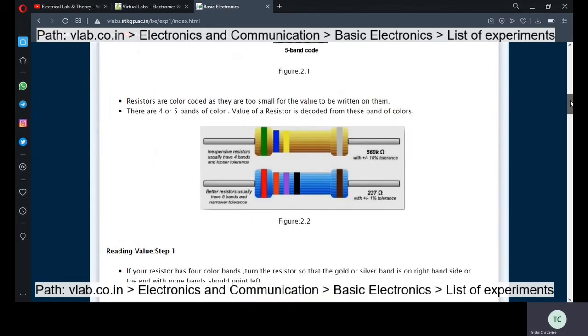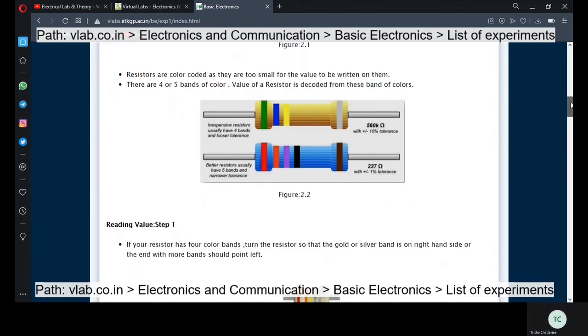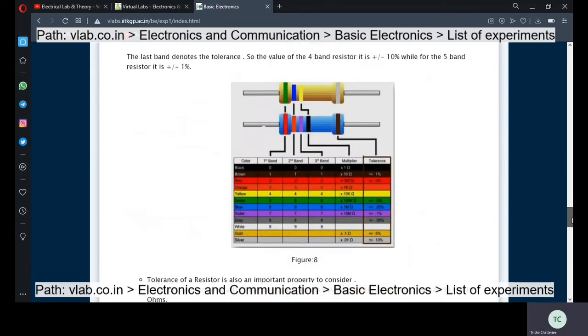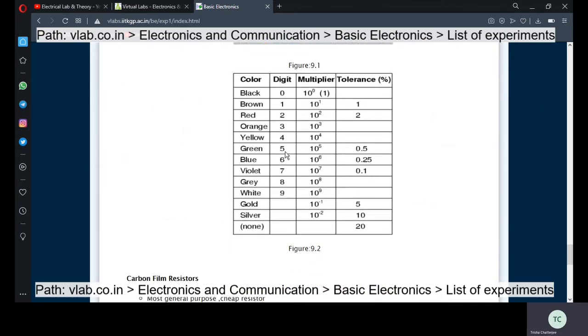So now the resistors are color coded. Before going to how to read the values, we are directly going to the color coding. So this is the color coding. It is starting with black. As we know, there are several bands, right?